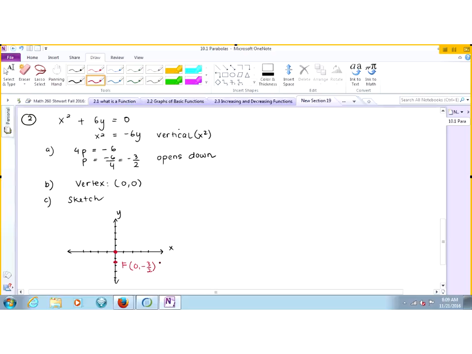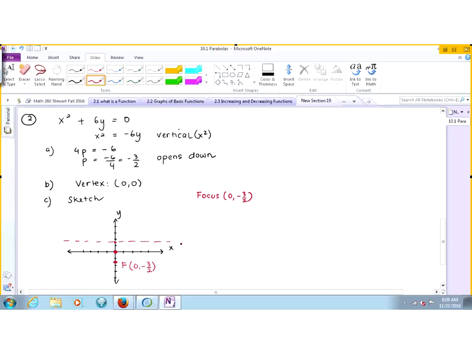How about my directrix? Well, it's the same distance from the vertex, which is 3 over 2, but where? On top? On the opposite? Yes. So this is my directrix. It is still 3 over 2. Now I'm going to write here: focus is 0, comma, negative 3 over 2.